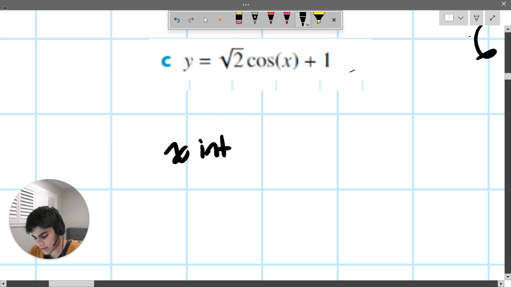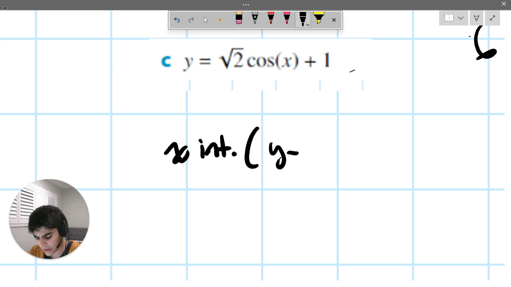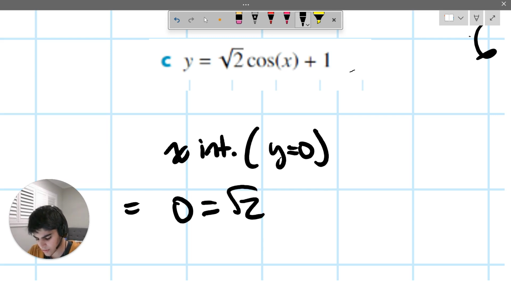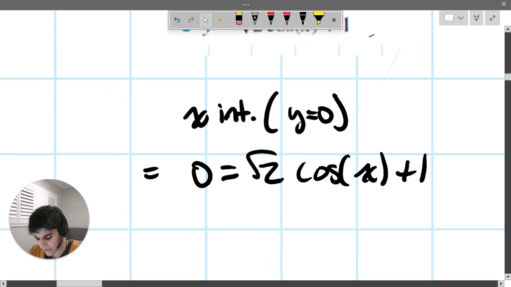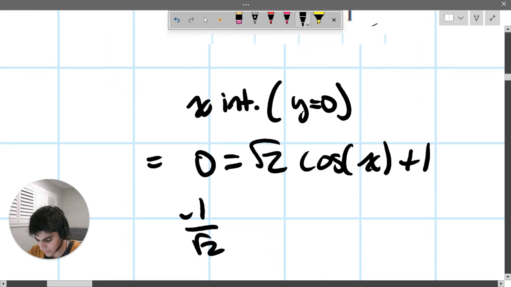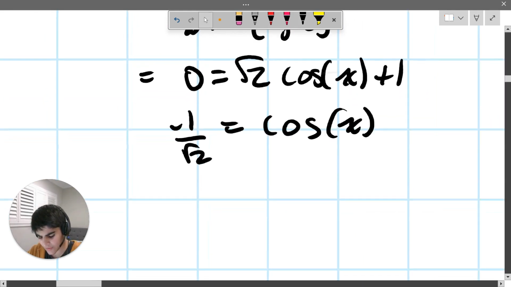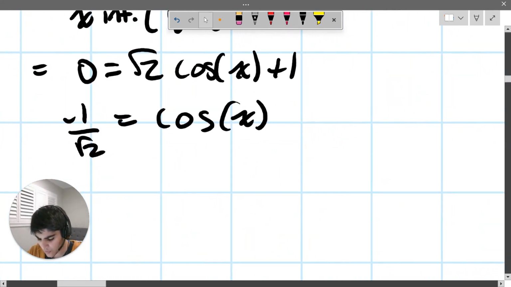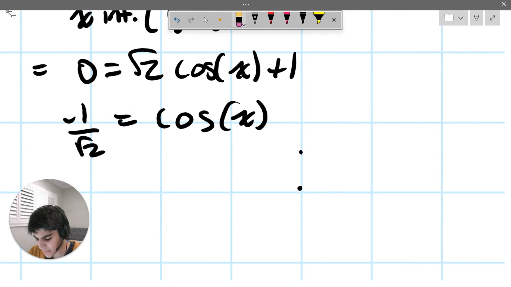Let's find these solutions. For the x-intercepts, y equals 0, so 0 equals root 2 cosine x plus 1. Negative 1 over root 2 is cosine x. Now the reference angle here is pi on 4, and cosine is negative in the second and third quadrants.